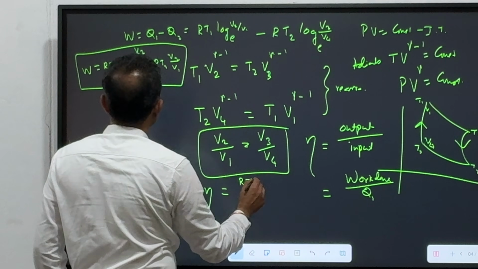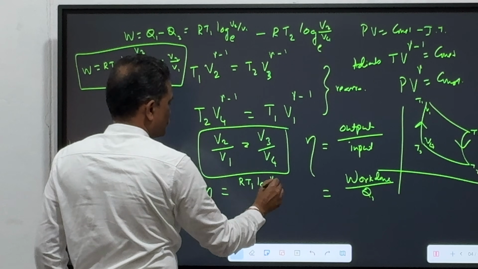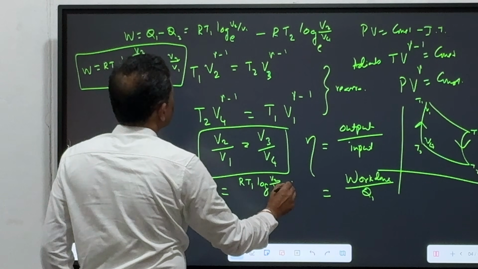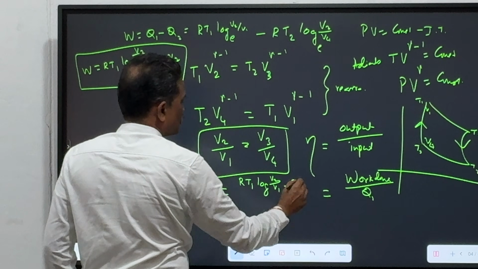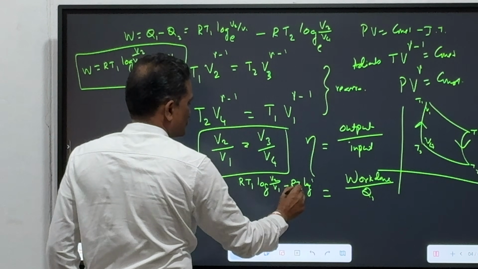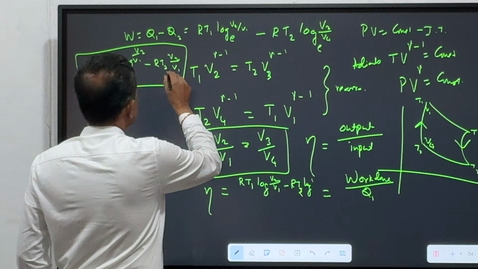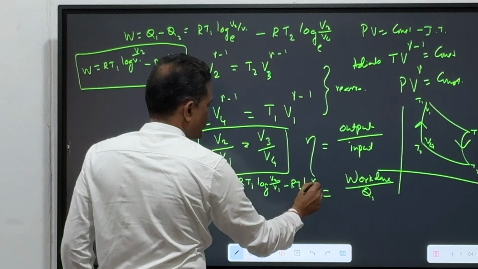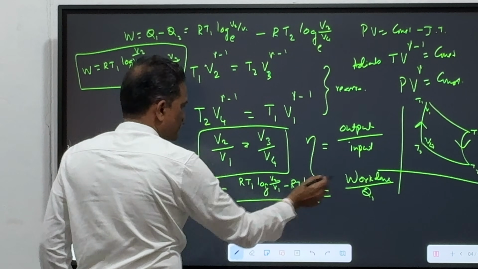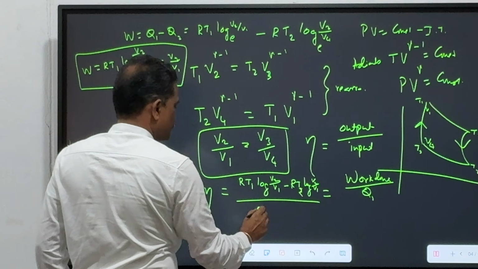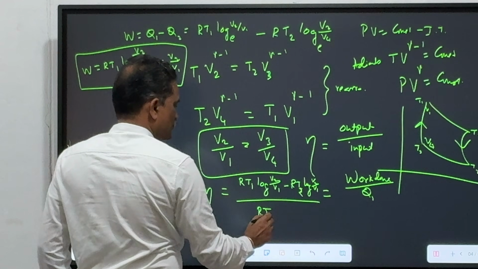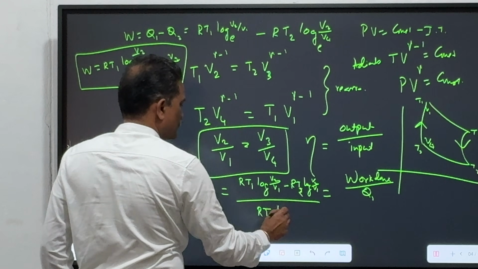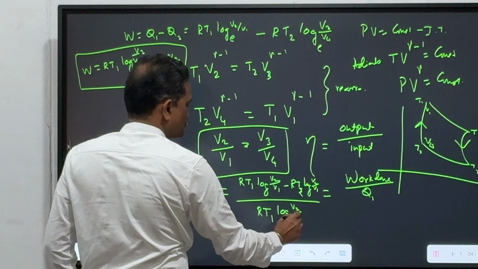R T1 log V2 by V1 minus R T2 log V2 by V1, divided by Q1. Q1 is also the same, R T1 log V2 by V1.